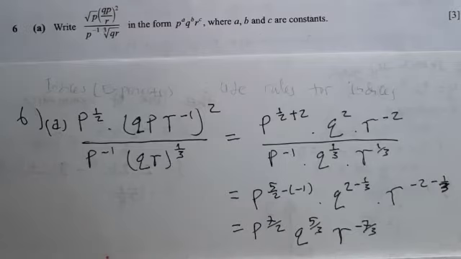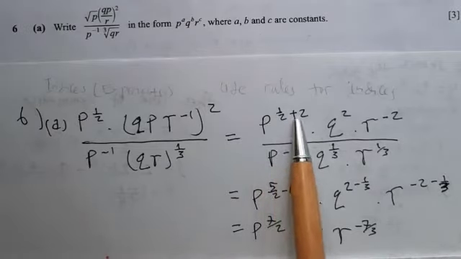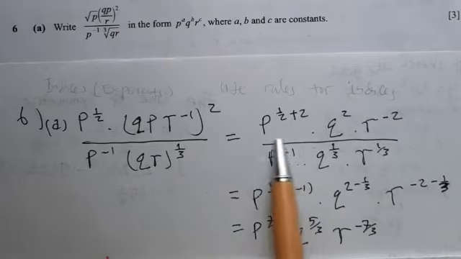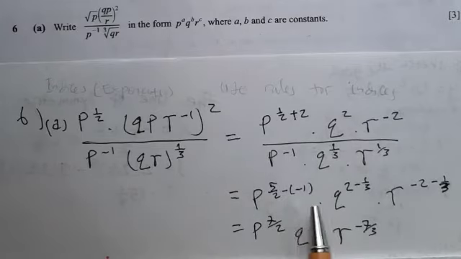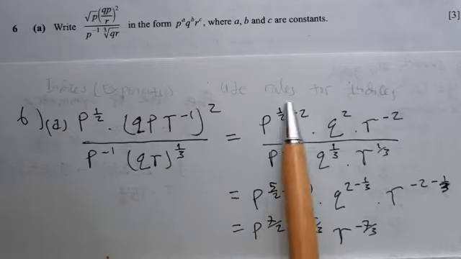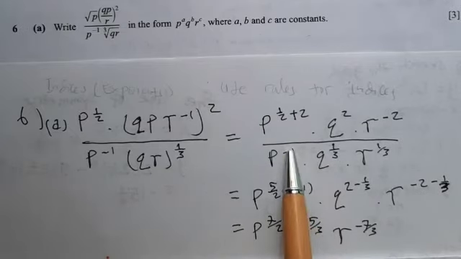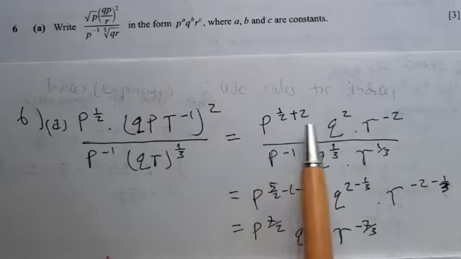Next step: p power half plus 2 divided by p power minus 1 equals p power 2 and a half minus minus 1, because it is division, so we subtract the indices.